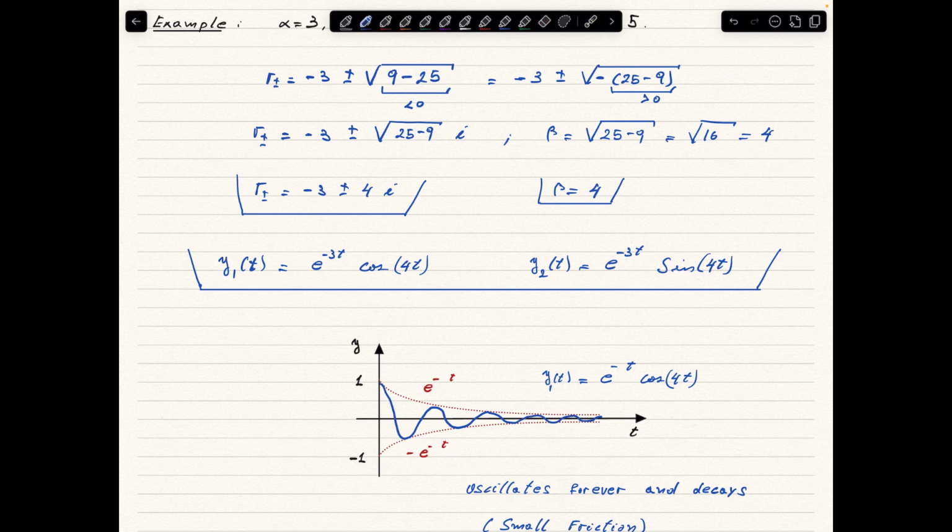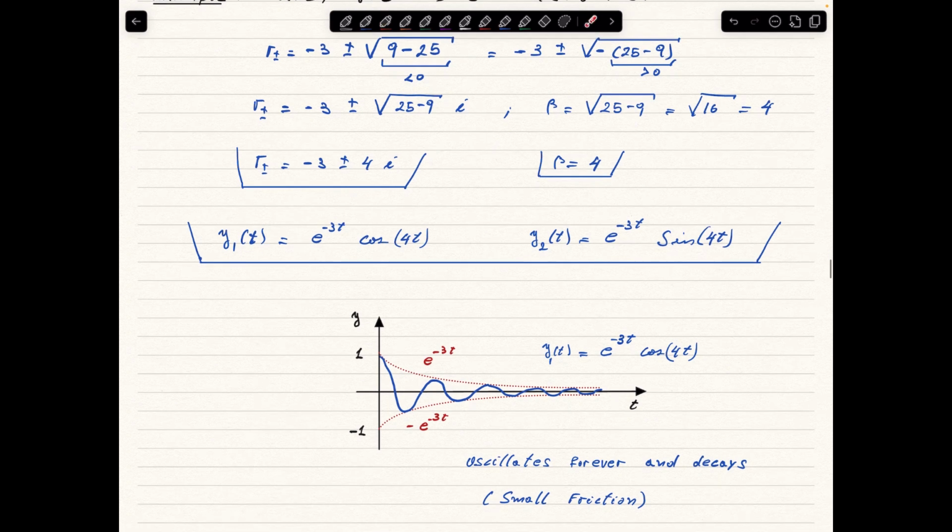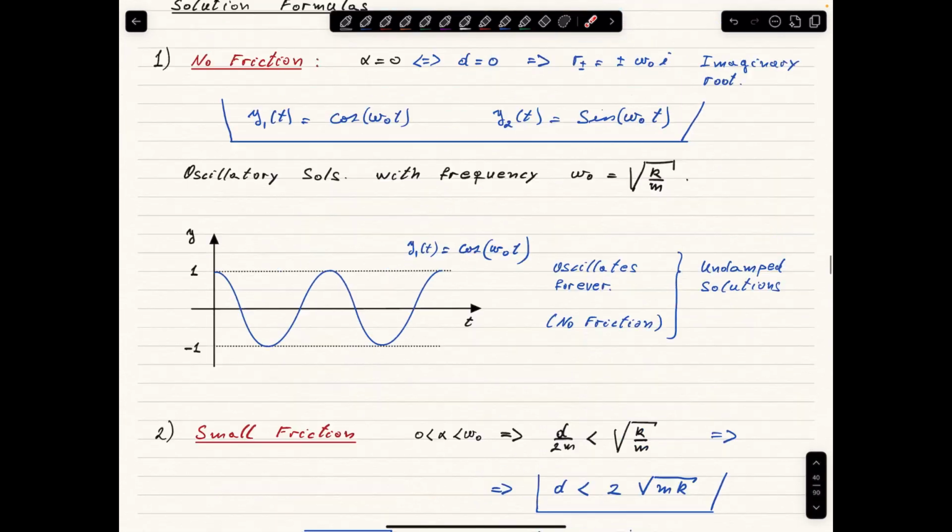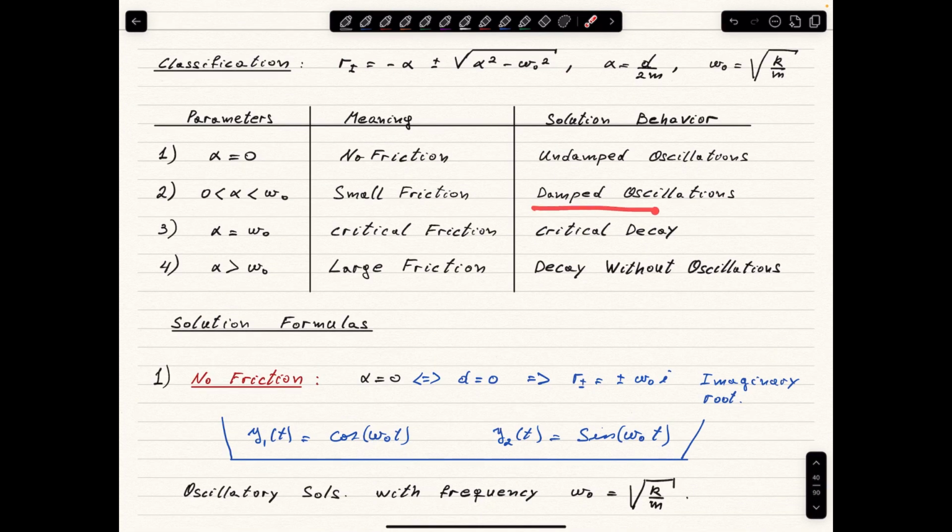So let's put 3, because this is what we have. And the solution oscillates forever and decays. This is the case of small friction. That is what we mentioned here. Damped oscillation. The oscillations, they are oscillations and they decay.